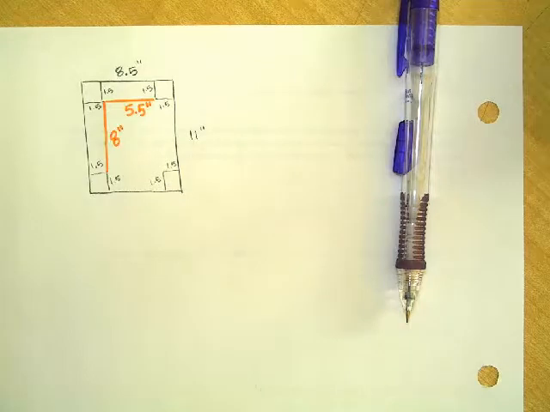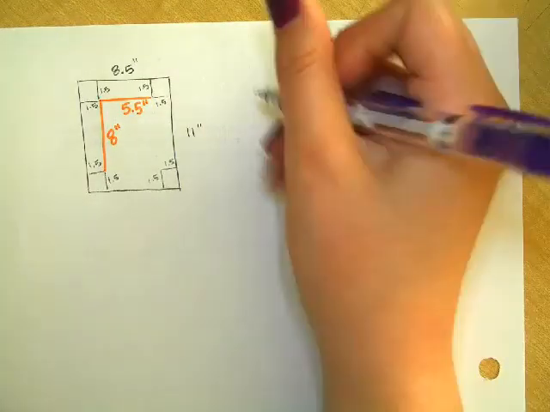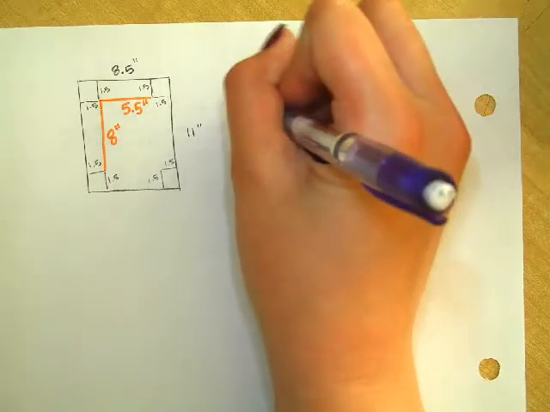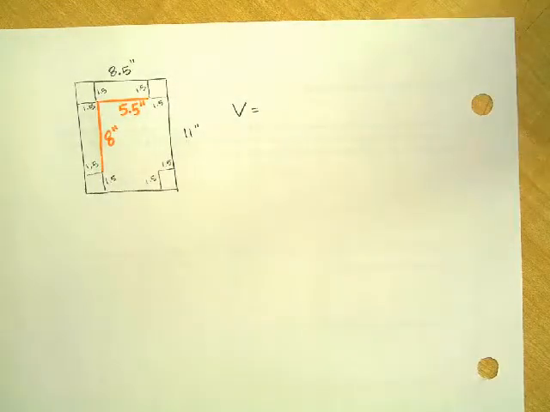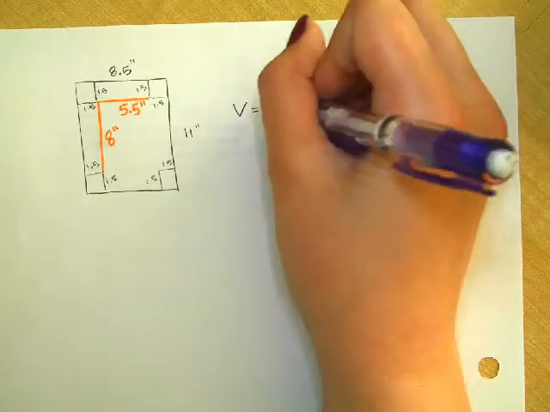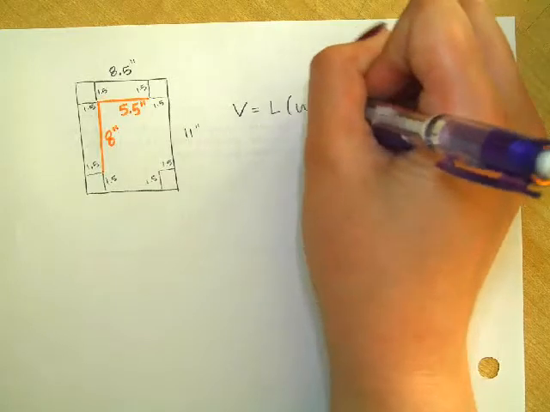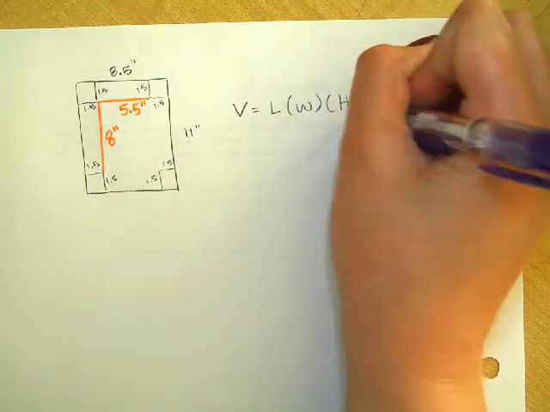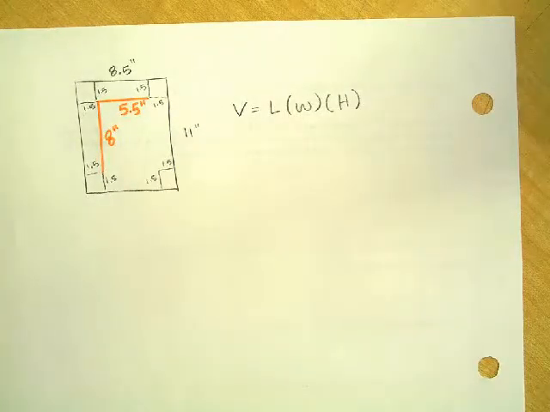If I wanted to know the volume of the box, I would do the length times the width times the height. Thinking of the box I made here, my length is 8, my width is 5.5.